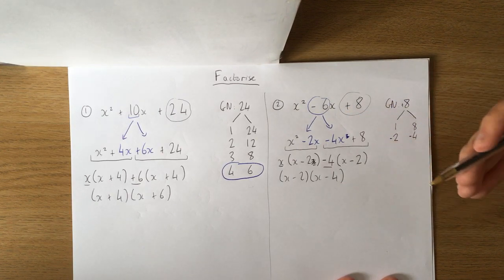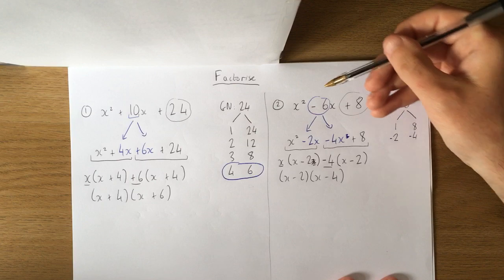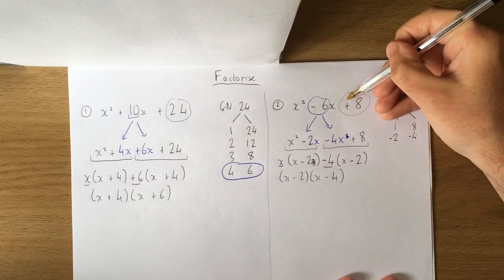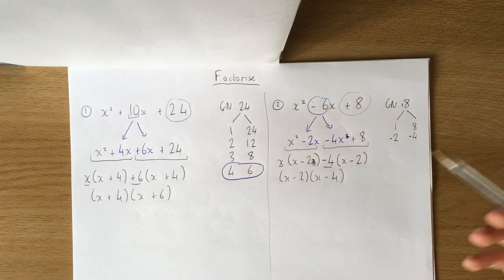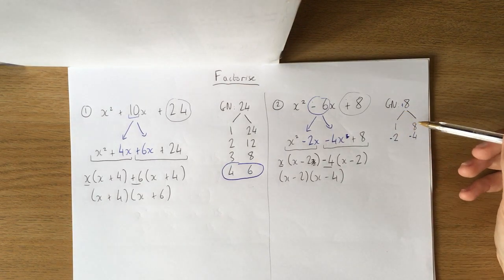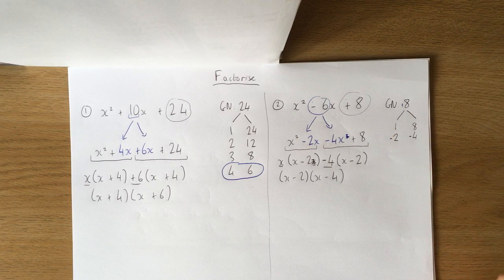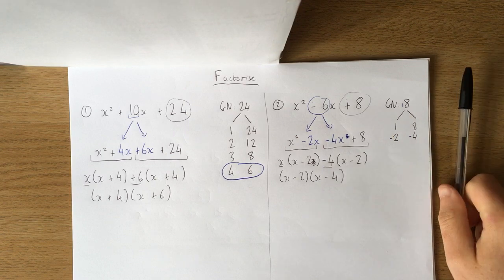So they must both be negative. Okay, so negative here, positive here means both of your factors are going to be negative. So just start by writing out your factors as normal, and then you can just add in the two minuses then.